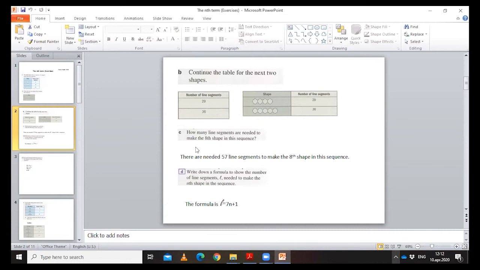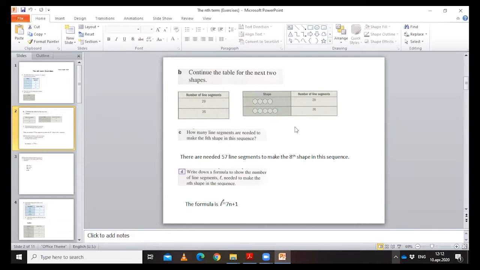Now for C, how many line segments are needed to make the 8th shape in this sequence? We will try to guess carefully. Up to now, we reach up to the 5th. What about the 6th? The 6th will have 7 more, which is 43 line segments.